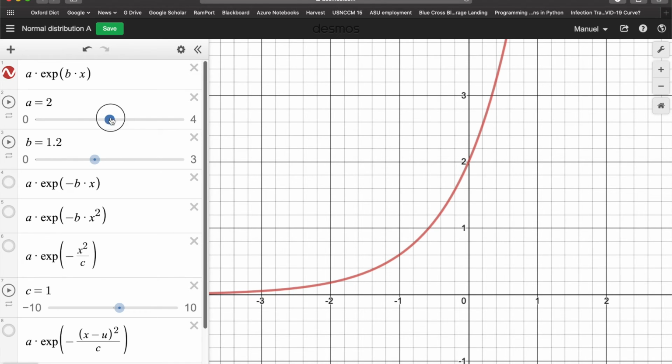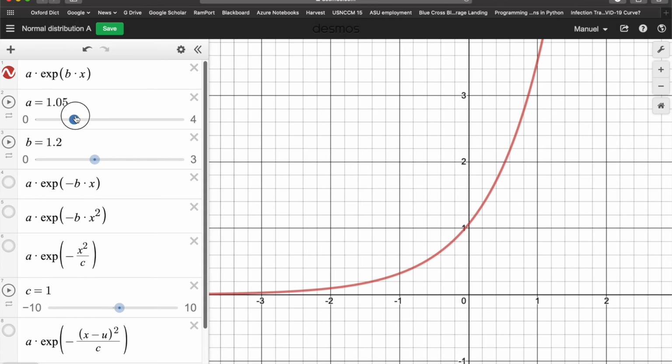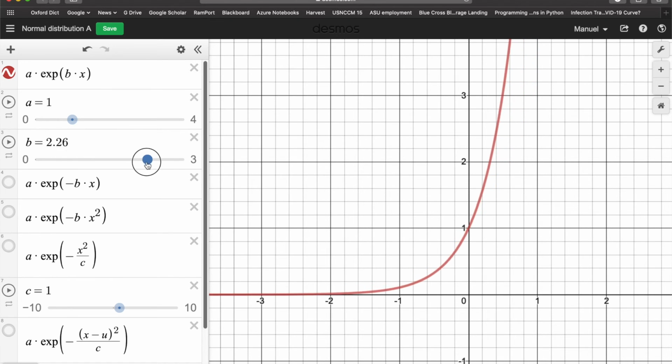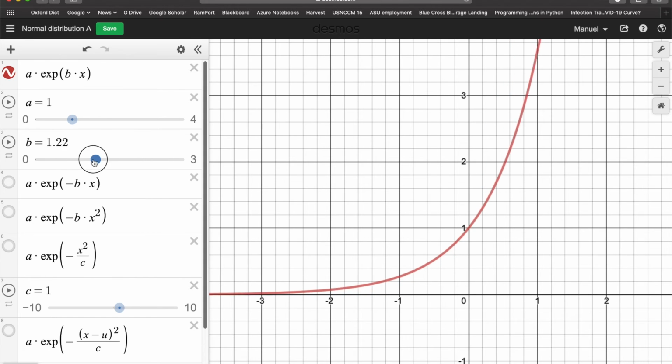So let's see if we change, for example, a equal 1, we can see that it is intercepting the y-axis at 1. The effect of b is going to be in the curvature of our exponential function. If I increase b, the curve is moving towards the 0. Okay.